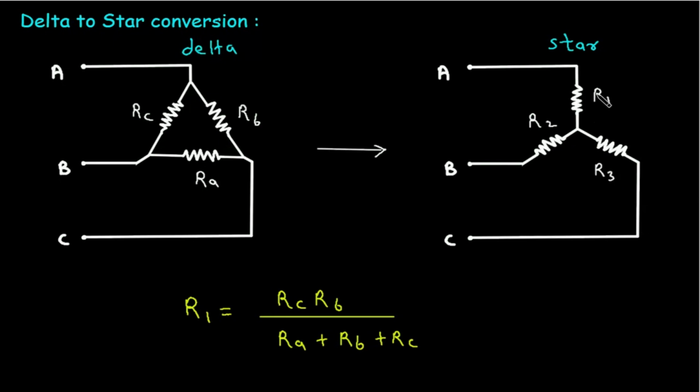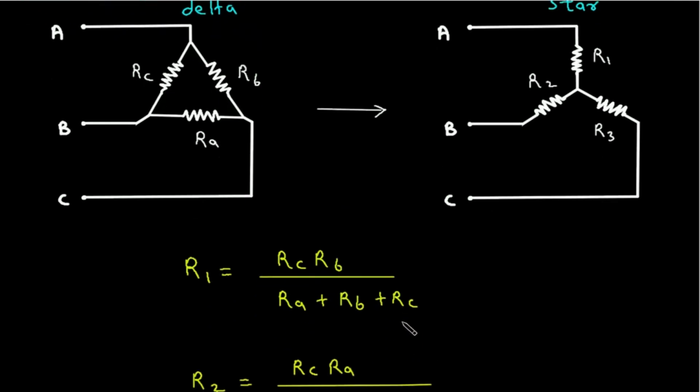This R1 will be equal to RC multiplied by RB, divided by the addition of all the resistances, that is RA plus RB plus RC. So R1 is equal to RC into RB divided by RA plus RB plus RC.